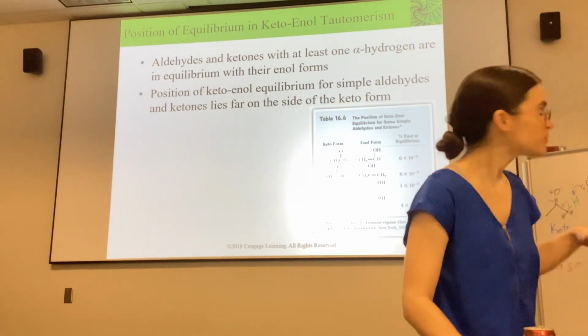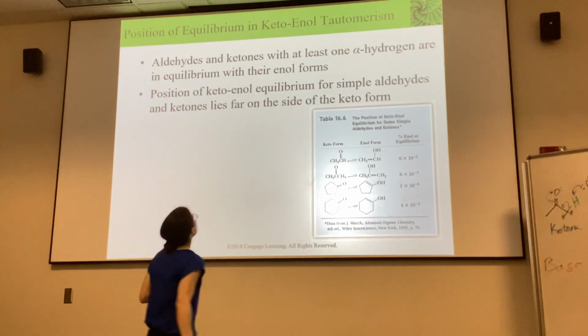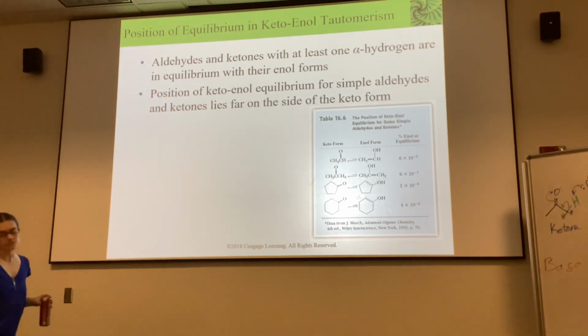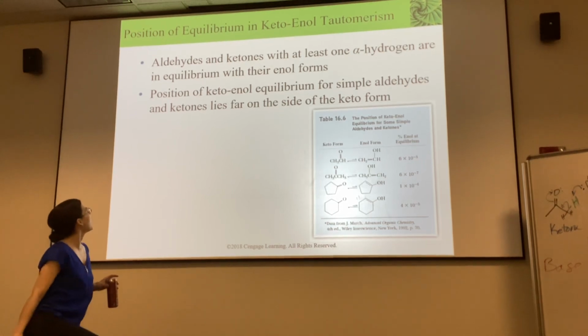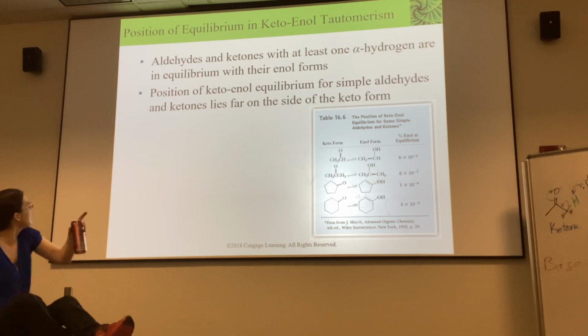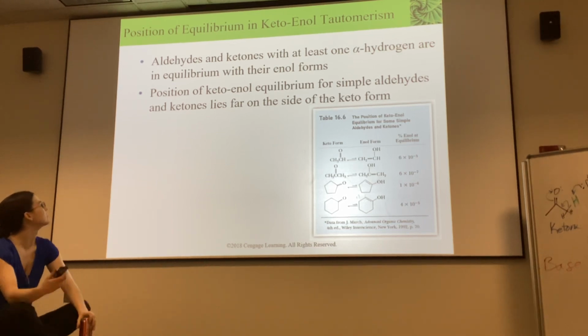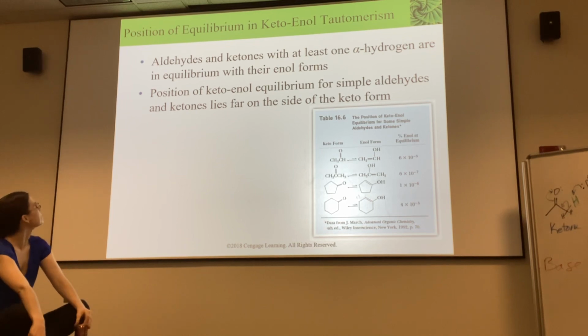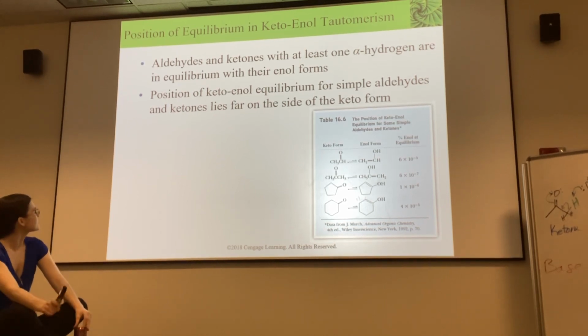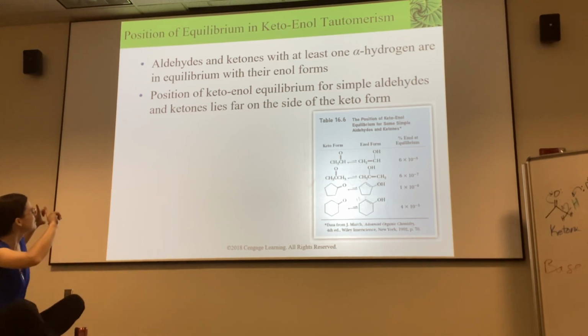But, yeah. Okay, position of equilibrium. If there's at least 1 alpha hydrogen on a ketone or an aldehyde, then they're pretty much going to be in equilibrium with their enol forms. Position of the equilibrium for simple aldehydes and ketones lies far on the side of the keto form.